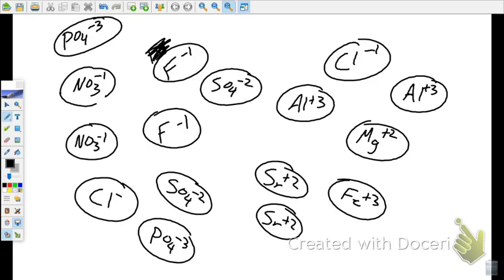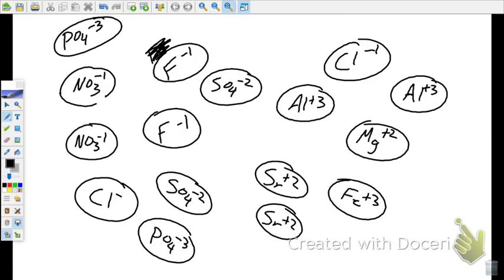Now these other ones that have 2 elements in there, like SO4, it is a -2. So overall, that had sulfur and the 4 oxygens had so many electrons. How did it become a -2?